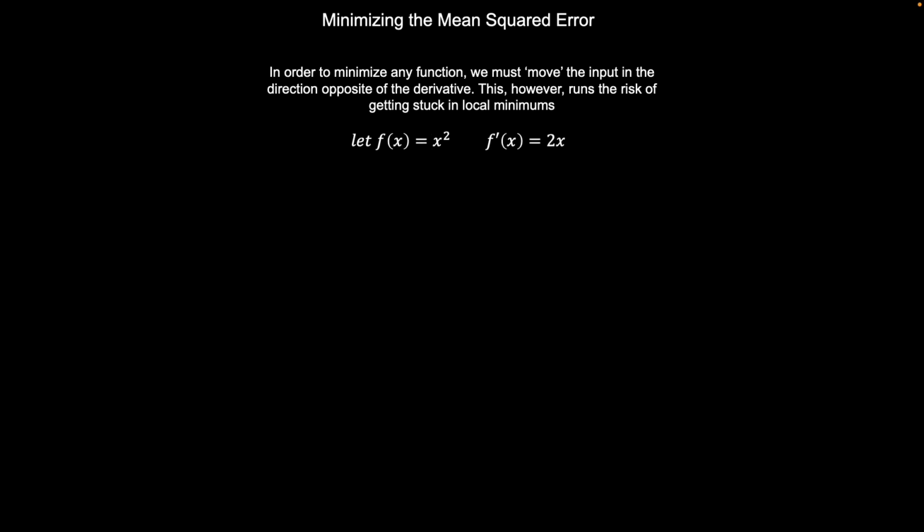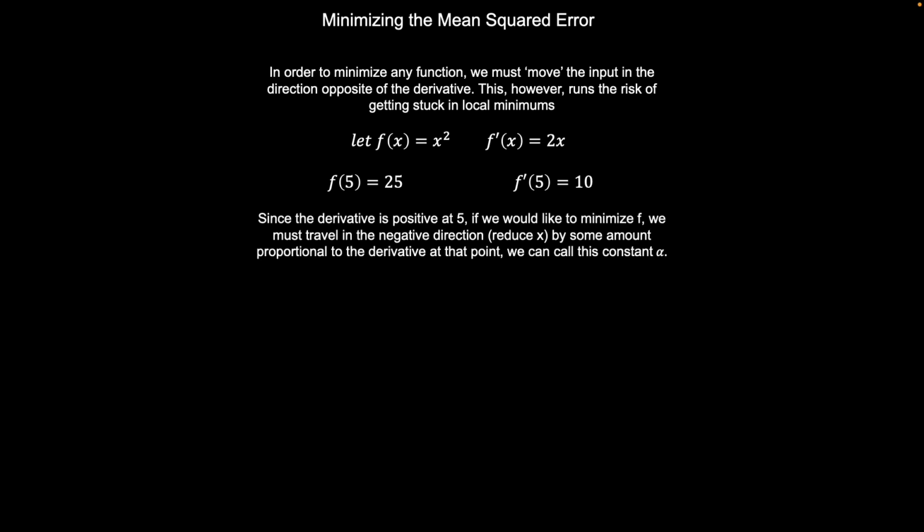So, for an example, let f of x equal x squared, and the derivative of f is 2x. The value of f at 5 is 25, and the derivative at 5 is 10. What this tells us is that at f of 5, any small change in the input of f will result in a change proportional to the change in the input of f multiplied by 10 in the output of f.